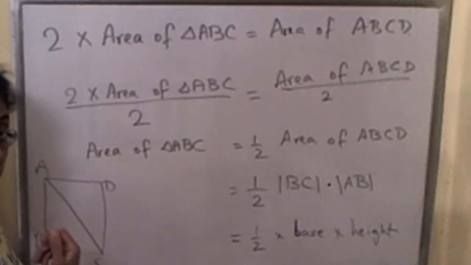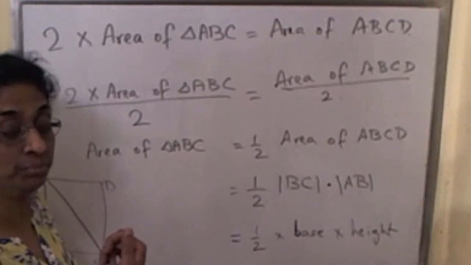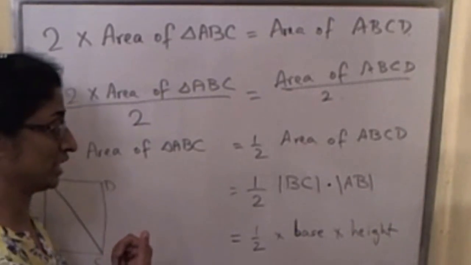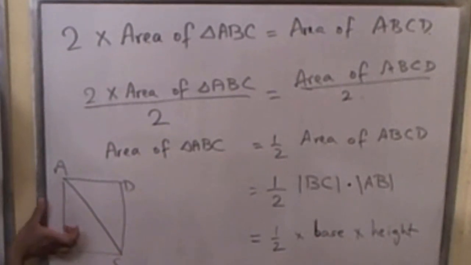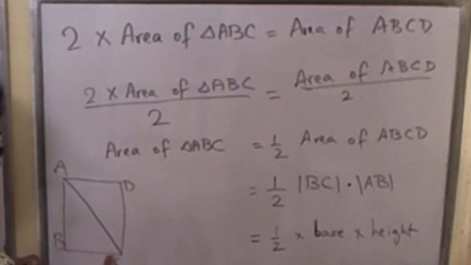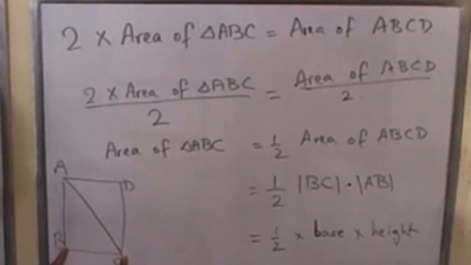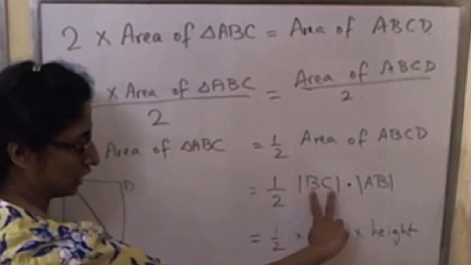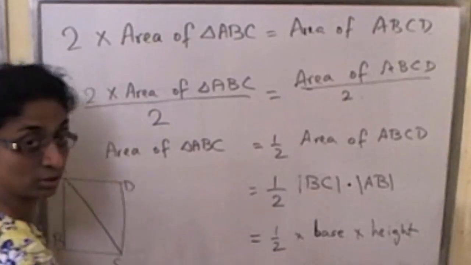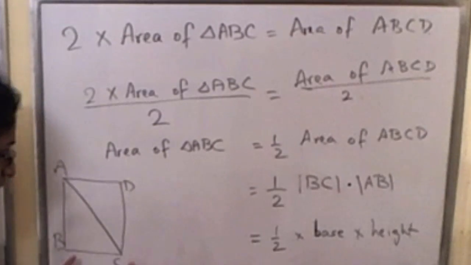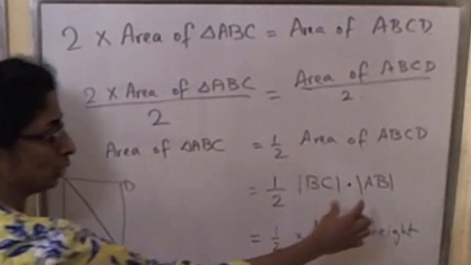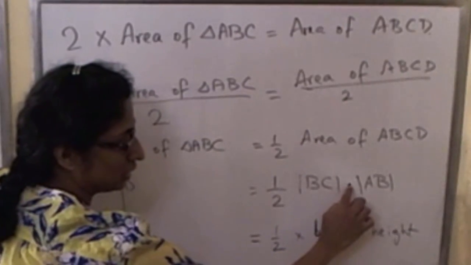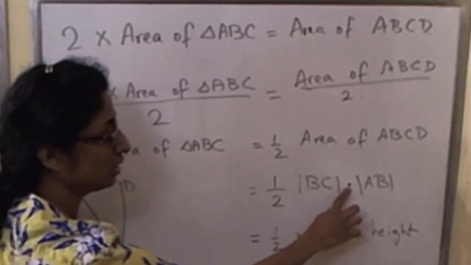Now as I said before, we have a theorem that we have done which says that the area of a rectangle is the length times the width. So here the area of this rectangle is the length of this side, which in this notation is BC, and these vertical bars denote the length of the segment BC, multiplied by the length of this segment, which we can write like this. Here you can either put a multiplication sign or a dot.